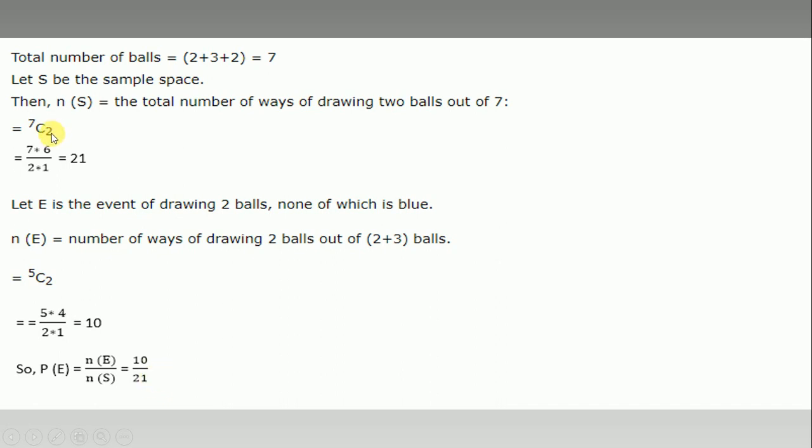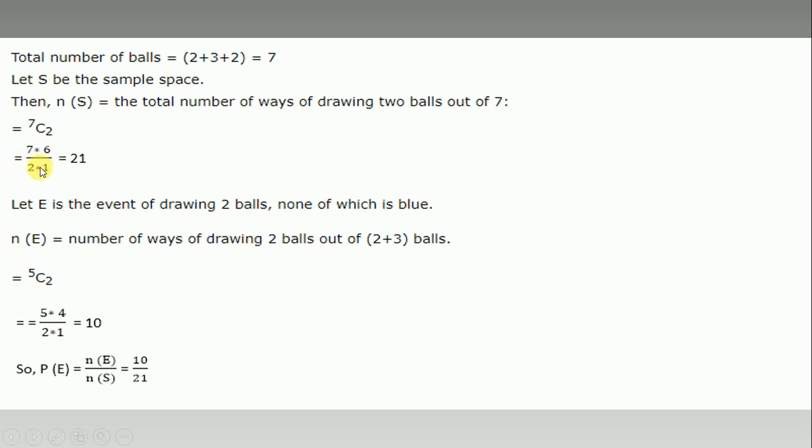And here the formula used is nCr. Let 7 be n and C is here and 2 be r. Then the formula will be factorial n divided by factorial n minus r into factorial r. So here when we calculate factorial n, it will be factorial of 7, and factorial of n minus r, that is 7 minus 2, will be factorial of 5.